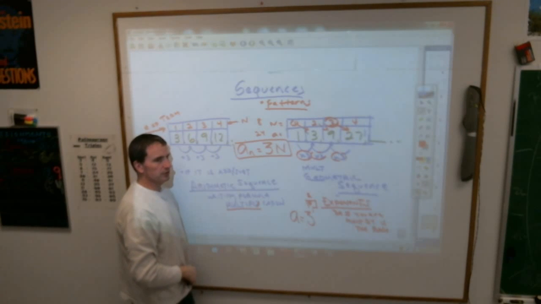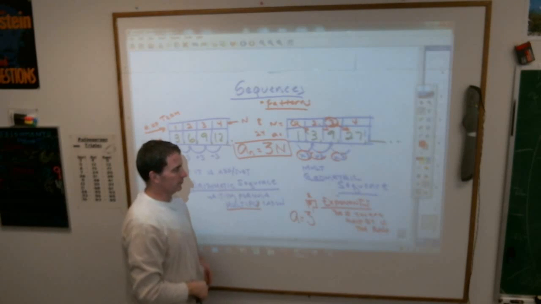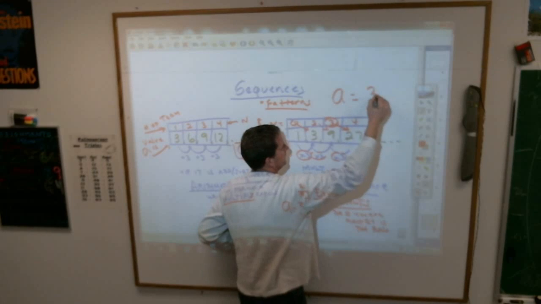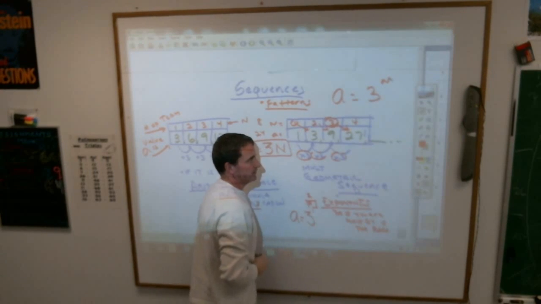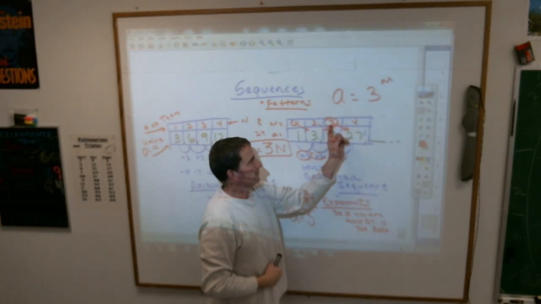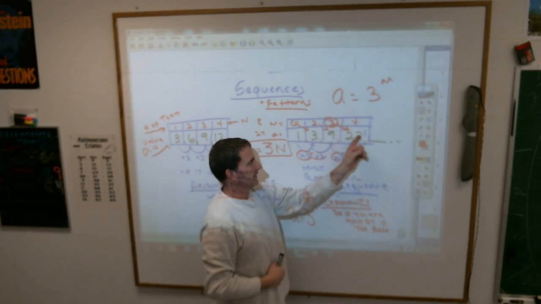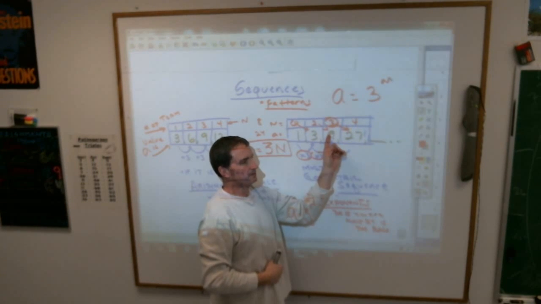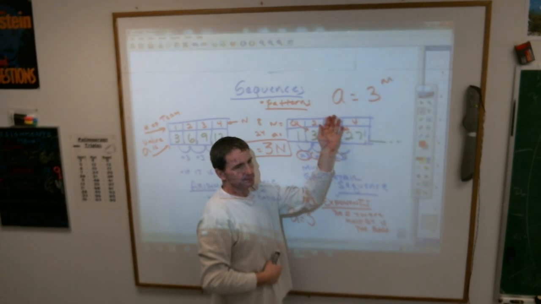Guess what you have to do in order to fix that problem? In other words, let me write here: A equals 3 to the n power, right? But when I put 3 in there for this term, I actually got the 4th term. And when I put this 2 in there, I got this one. What can I do to fix this so that it matches up?